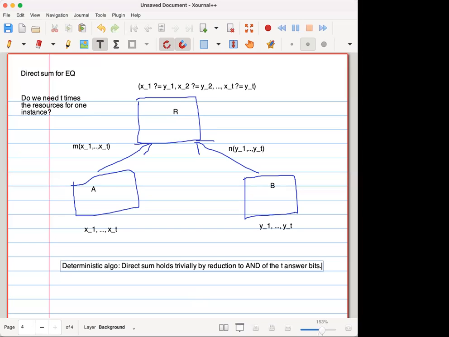So I can take the same strategy for the private coin algorithm. So for the private coin algorithm also I can say, oh, I will reduce to the AND. But then what is the complexity I would get? So what is the lower bound? Any answers?